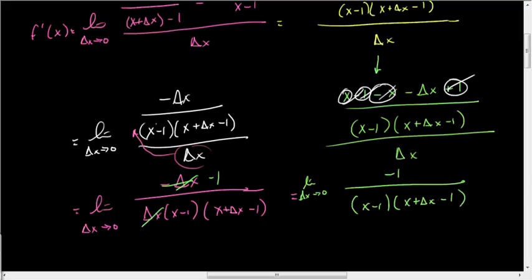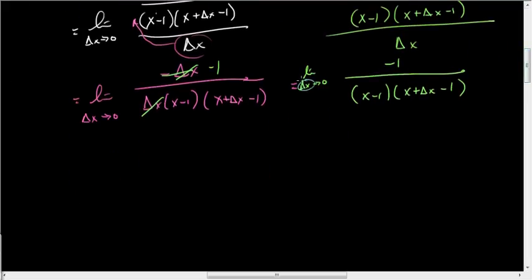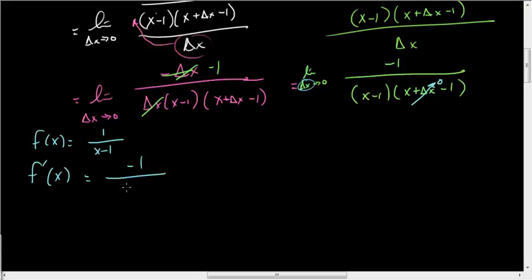And now we can just use direct substitution to solve this, because we have no quarrels making delta x 0, so that goes off to 0. And so I get f prime of x. If f of x is equal to 1 over x minus 1, f prime of x is equal to negative 1 over x minus 1 squared.